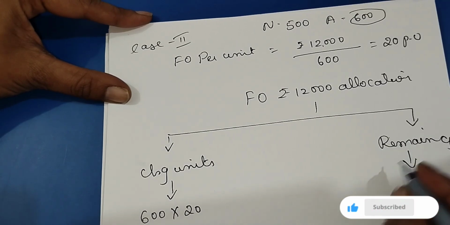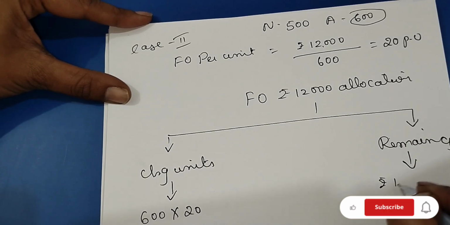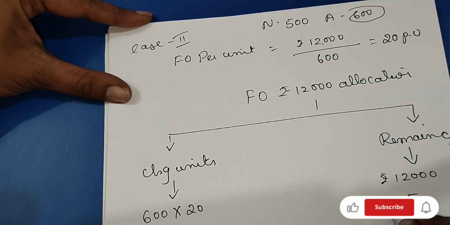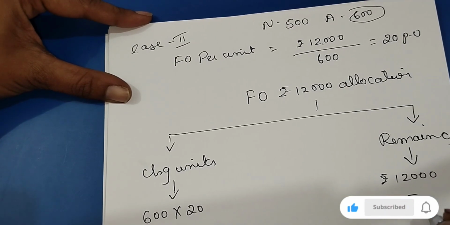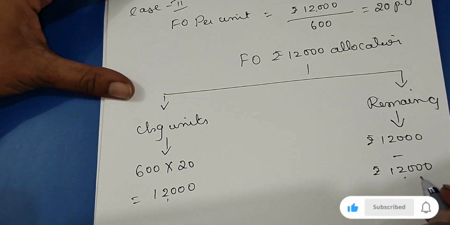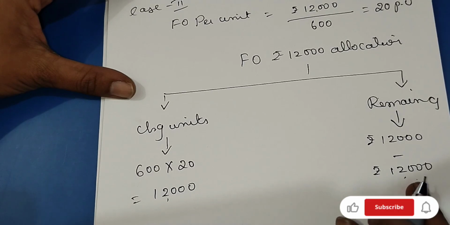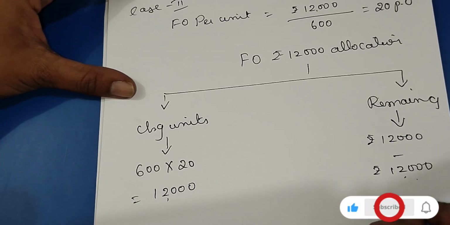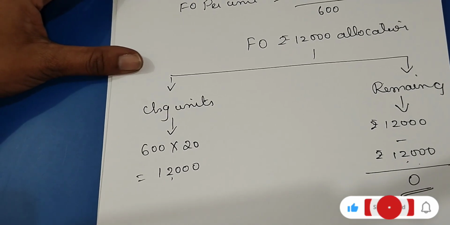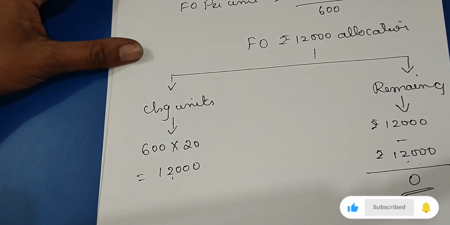The remaining is the total 12,000 minus rupees 12,000. This is the fixed overhead, and this is the absorbed overhead, the allocated one. So your remaining is 0. You don't need to allocate anything.